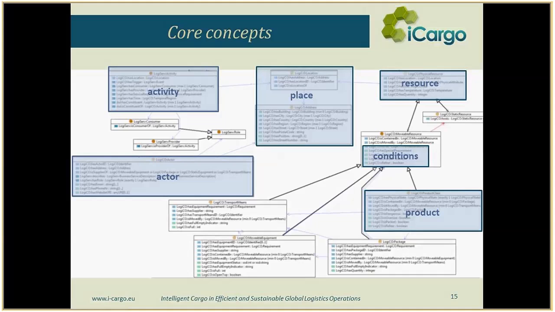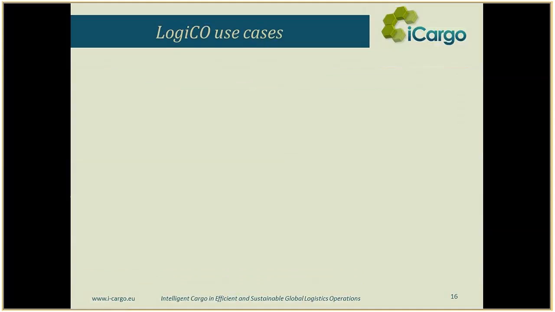And using suitable resources, and resources can be trucks, transport means, containers, packages. All of these are resources, and LogiCO allows you to define these. So this is what LogiCO looks like.